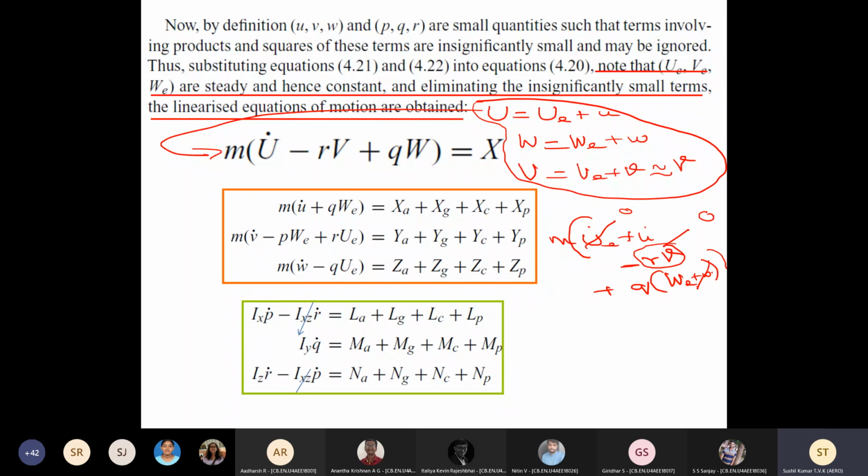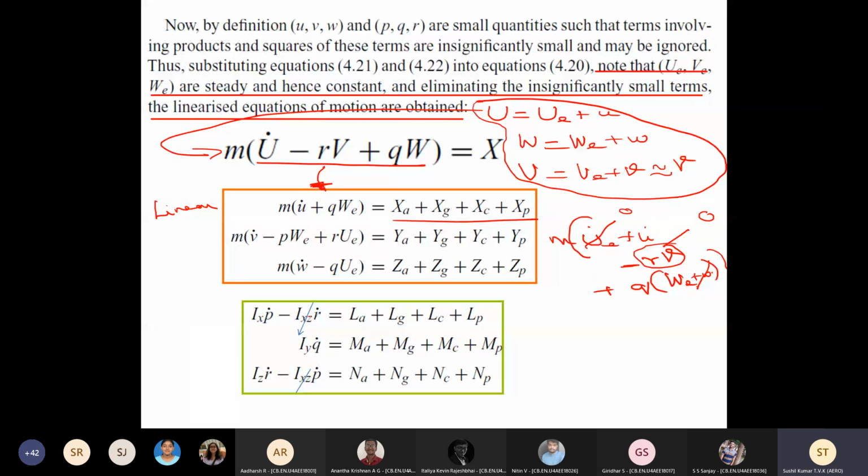If you remove all these things from this equation, we'll end up with this equation. Now if you look at it closely, it is m u dot plus Q times WE, which is a constant. So it is a linearized equation. Earlier it was non-linear, now we have made it linear. The right hand side is the same, we are just substituting. Similarly, you do it for the other force and moment equations.